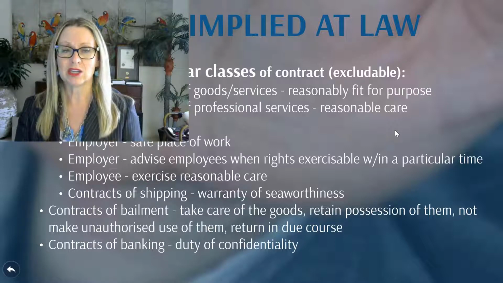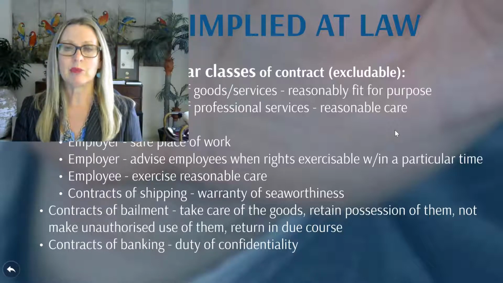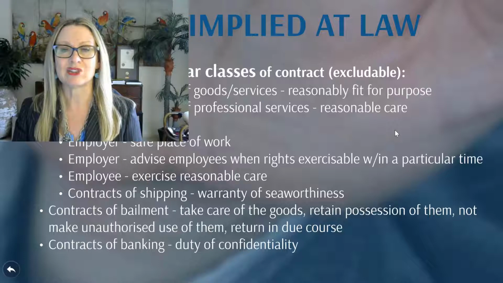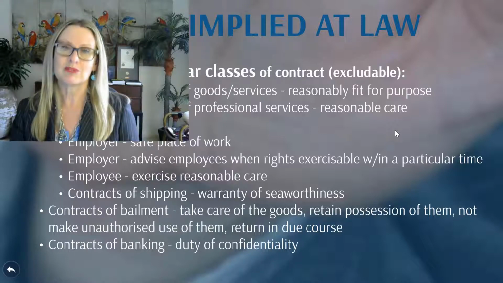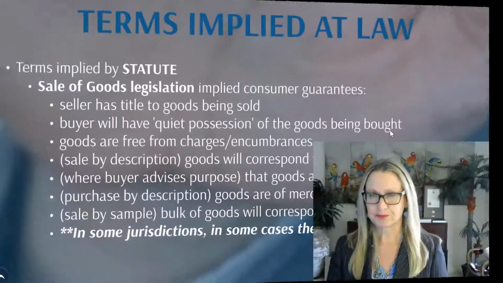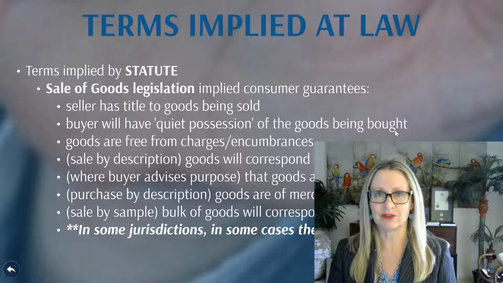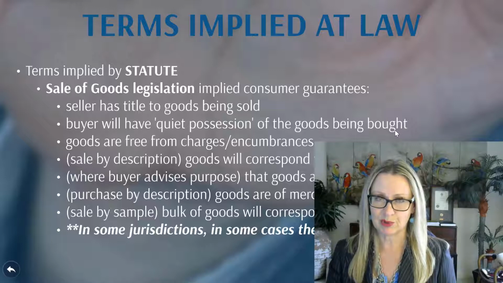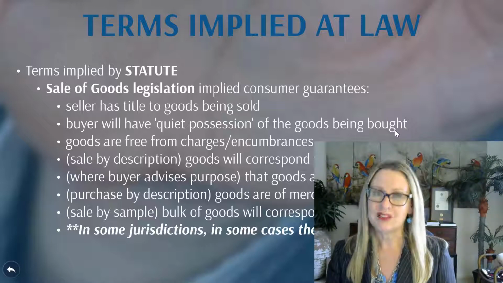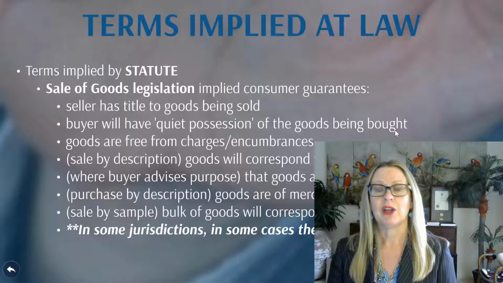So you can include one of those nasty little exclusion clauses that purports to exclude terms that are implied at law, like these ones. However, where you come across, and this is our next kind of terms implied at law, terms implied by statute, often these will not be able to be excluded by the parties.